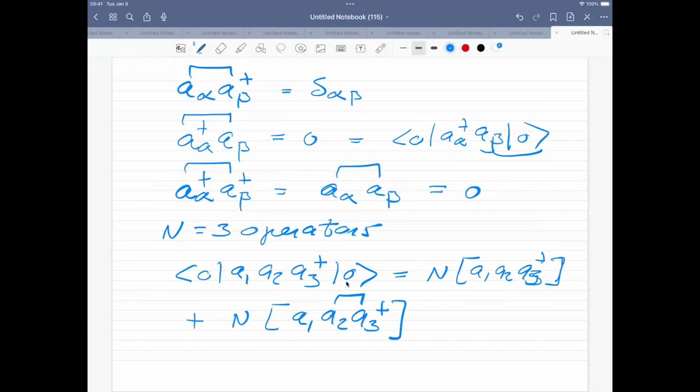So we had a final term here, which was a1, a2, a3 dagger, like that. Now, when we perform the contraction, this term gives us delta 2,3, but then we have an a1, and that operator gives us zero.